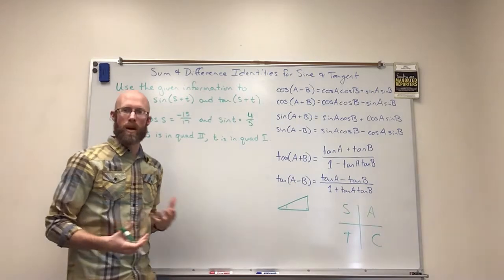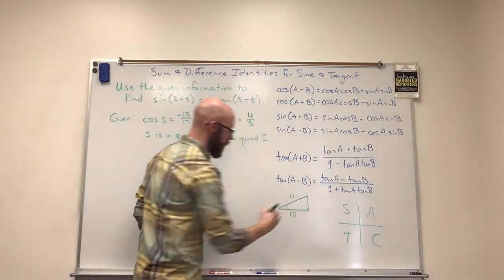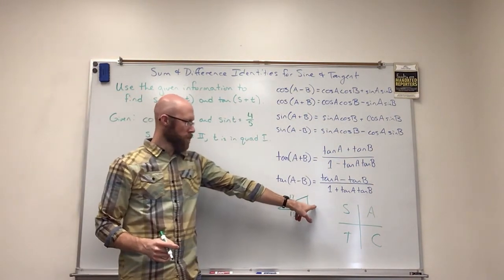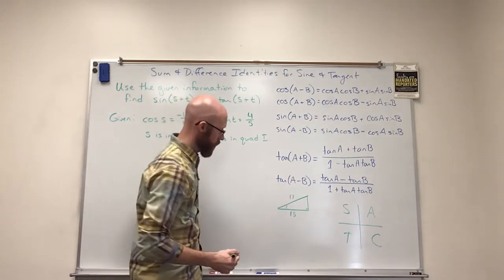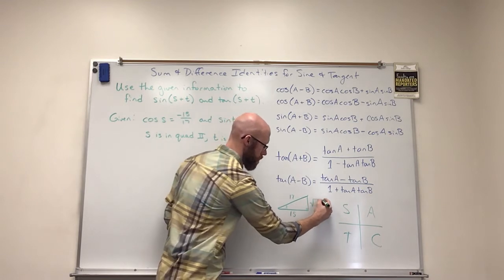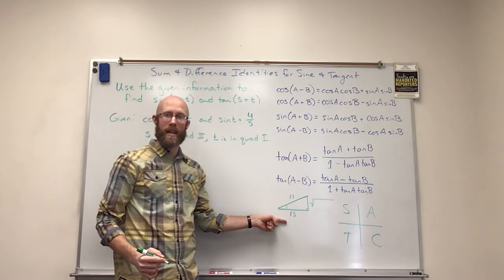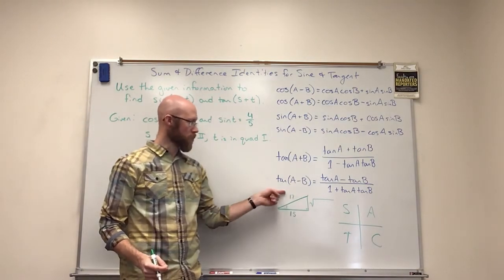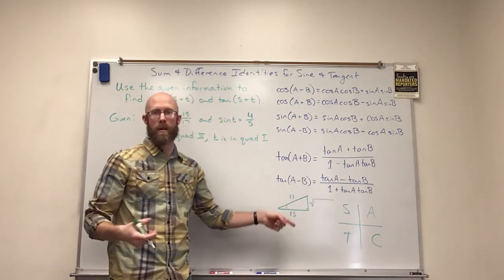I could use that ratio and just go with 15 on the bottom and 17 on the hypotenuse, right? That gives me the ability to find the third side. The third side of that triangle is found using the Pythagorean Theorem. And of course it's going to be the hypotenuse squared minus the other leg squared. It's a squared plus b squared equals c squared, but if you solve for one of the other sides, you subtract the other side from it.